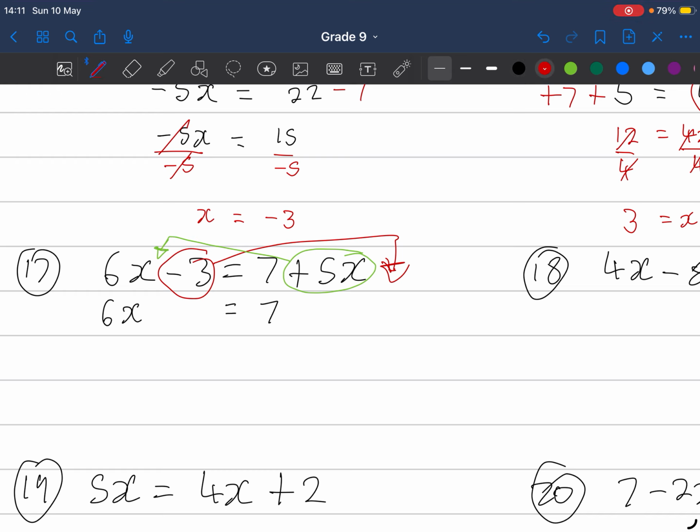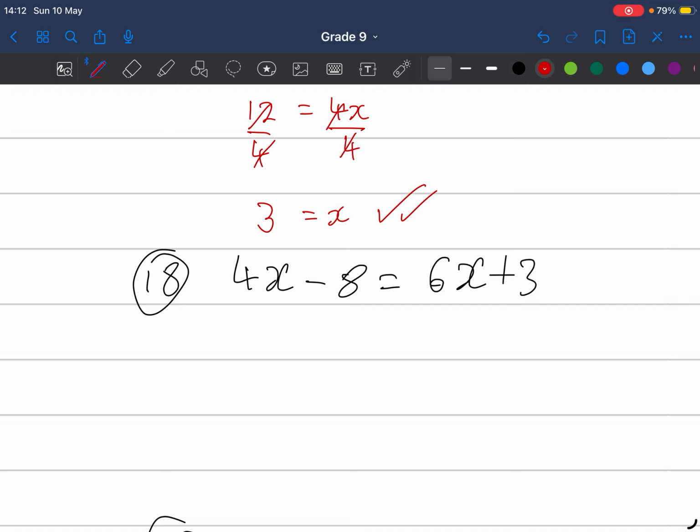The minus 3, well, it's going to come over here as a plus 3. And the plus 5x is going to go as a minus 5x. So we've moved 2 things at the same time to where they need to go. 6x minus 5x is going to be x, 1x. And 7 plus 3 is going to give you 10. So my answer for x is 10. Right.